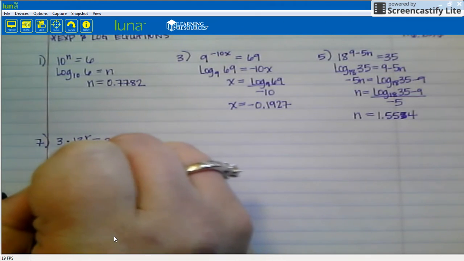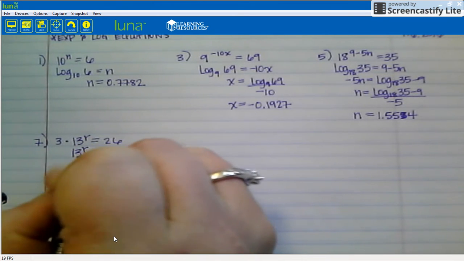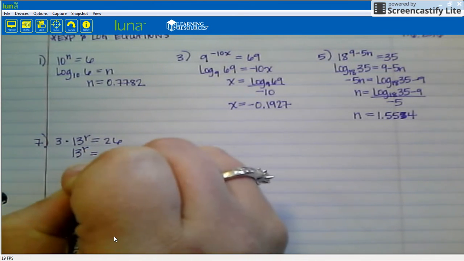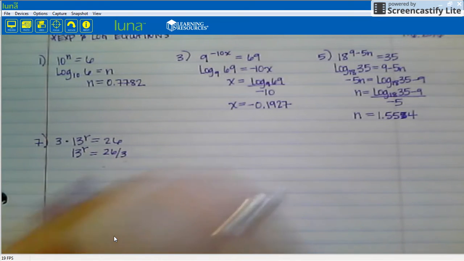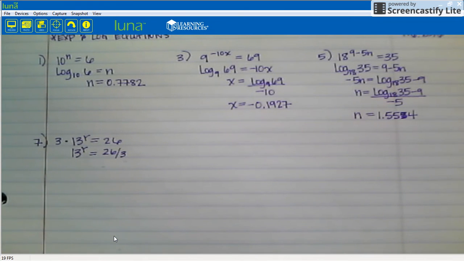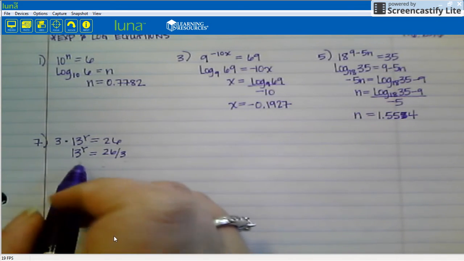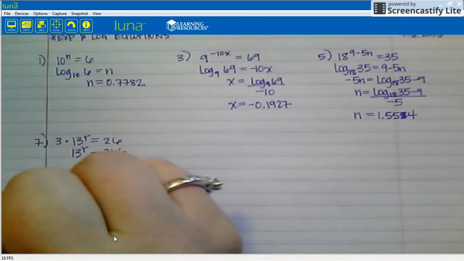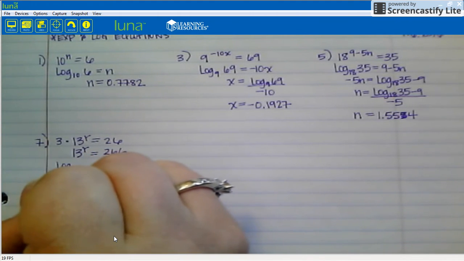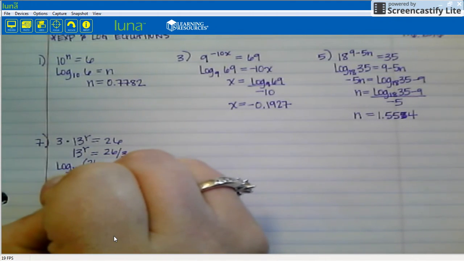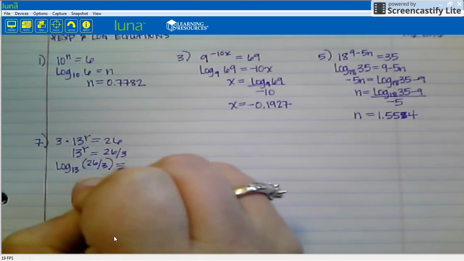So this is going to give me 13 to the power of r is equal to 26 over 3. Now, it's important that you keep everything as a fraction until the very end. You don't want to round off in the middle. So when I rewrite this as a logarithm, I have log base 13 of 26 over 3 is equal to r.